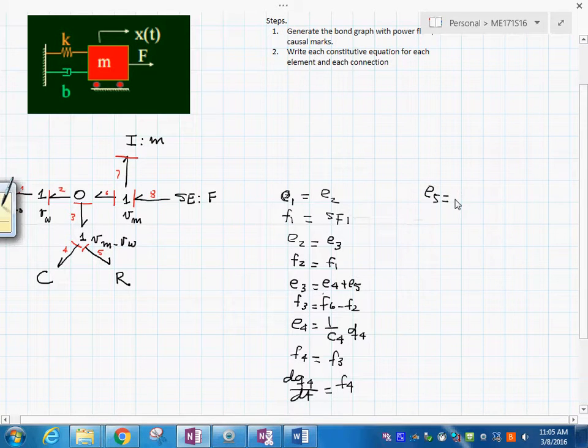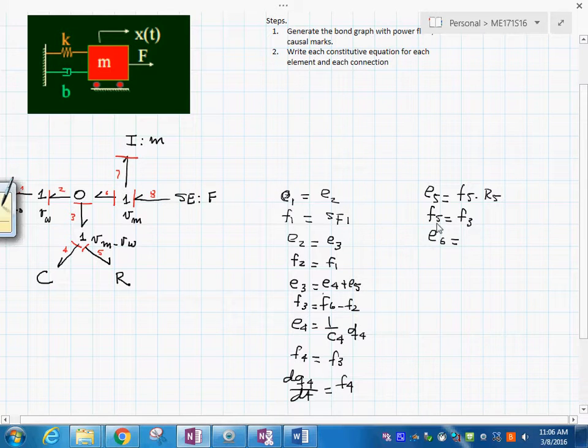And what is E sub 6? E sub 6, this one, is E8 minus E7. And what is F sub 6? F sub 6 is F7. Yeah. And then we continue.